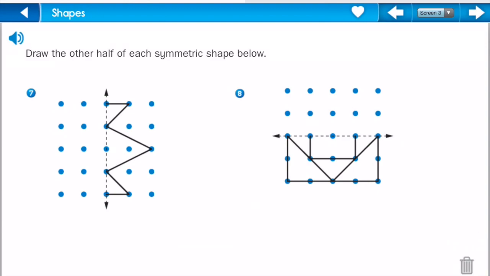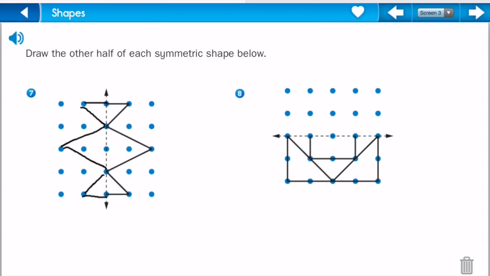All right, looks like it goes over. And then it goes down to meet in the middle. And then I see that it goes all the way out to this very last one. And then I meet in the middle again. And then I just go out to this dot right here. And then I connect it in the middle.